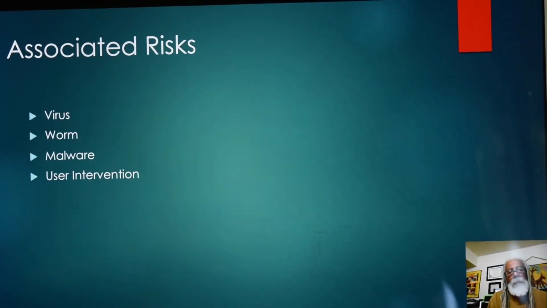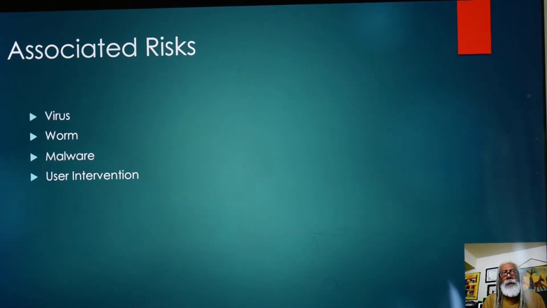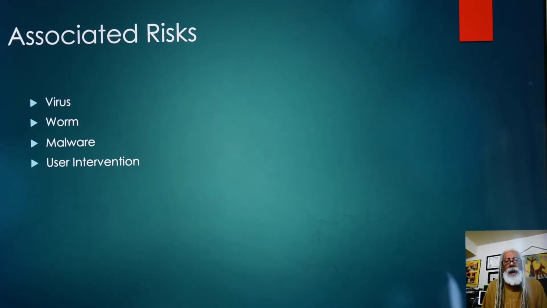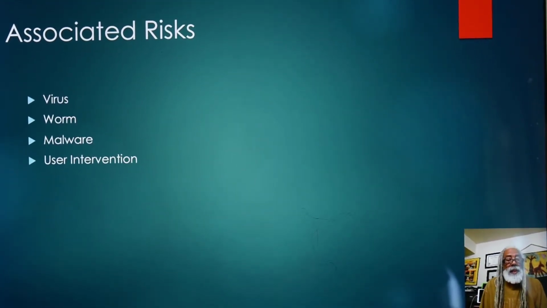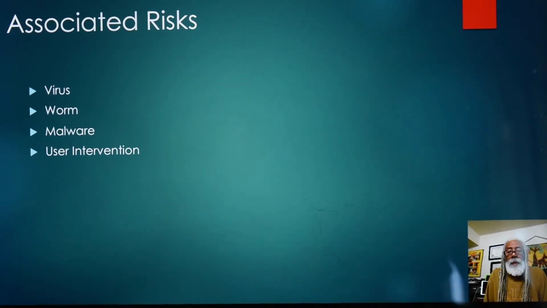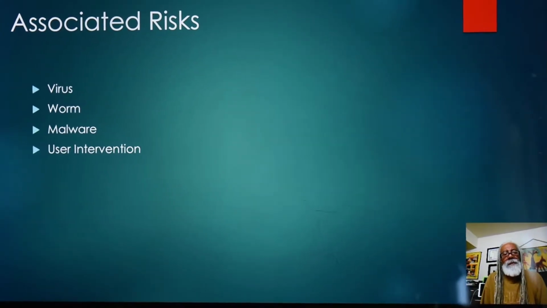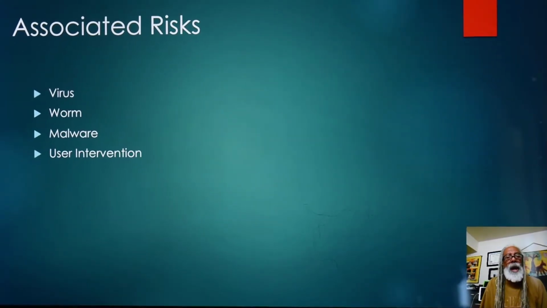The associated risks that we have with these large organizations are due to the overcrowding now of PCs and other types of communication devices. Everybody has a chance now to learn quicker how to use a virus or a worm or malware.